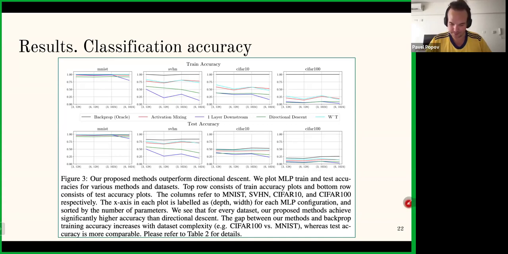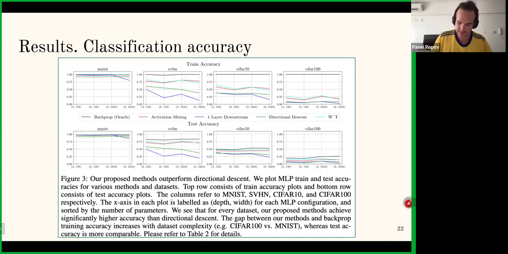So I don't know, are we interested in train accuracy? It appears that on MNIST all those methods are doing well, but on more difficult datasets these forward gradient based approaches are becoming less efficient than backpropagation on the train accuracy.